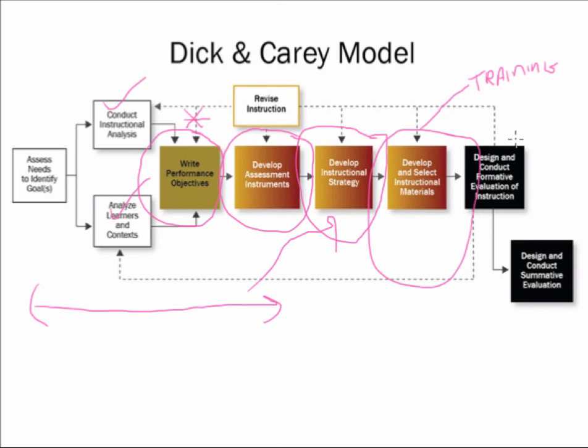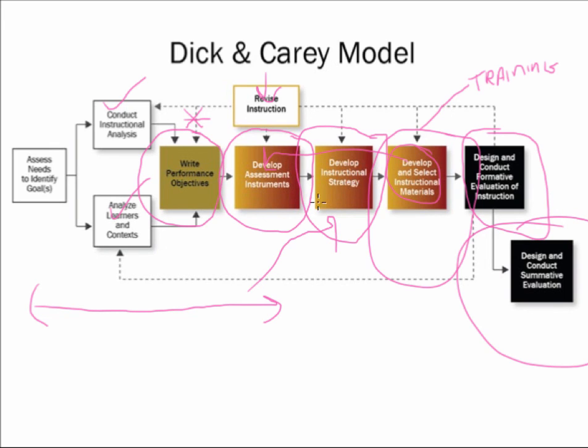And then after that, we will design and conduct summative and formative evaluation to make sure we're actually meeting our goals. And since this is a system, at all points in the process, we can go back and revise instruction. And you're going to find this probably to be the case. You could be over here developing materials, and you could find something that maybe you need to change in assessment.